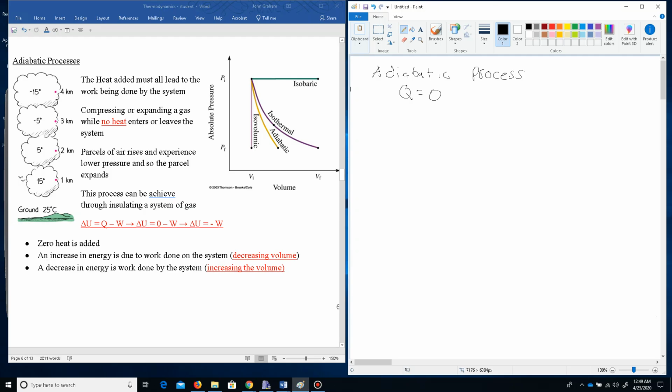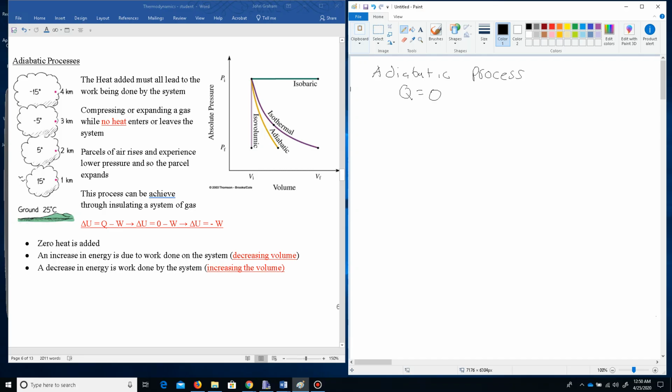In this example, we have a cloud of gas, any kind of gas, or just air itself. When it's lower, it's at 15 degrees compared to the ground, which is at 25 degrees Celsius. As it increases, the temperature goes down. This parcel of air, this air pocket, will start to expand and decreases to -5 and expands even more in volume.